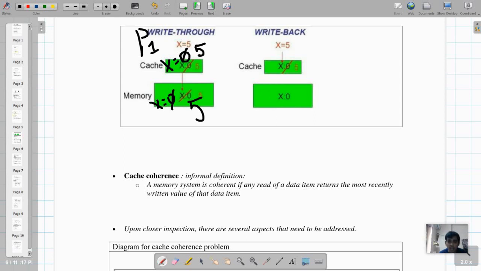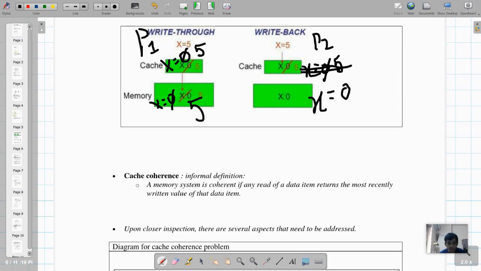But in write back policy, what will happen? Initially x is 0 and this x equals to 0 has been introduced into cache by processor P2 and it has been updated to 5 into the cache, but it will not get updated into the main memory. Until when? Until it gets replaced by some other data.